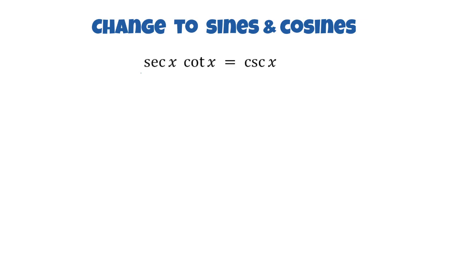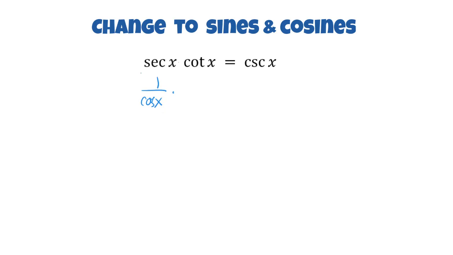Okay, so when I'm looking at this, I have a secant, a cotangent, and a cosecant. So that's a lot of different functions going. So I'm going to go with the path of turning things into sines and cosines. All I'm going to do is just start replacing. Secant x is the same as 1 over cosine x.